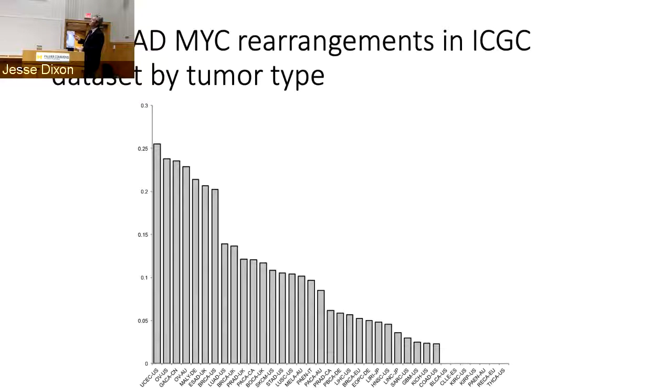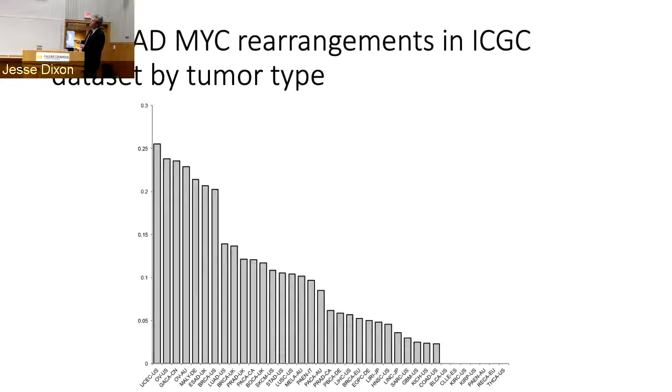We could see that these MYC inter-TAD rearrangements were occurring in a wide variety of different tumor types. MYC rearrangements, in terms of these regulatory fusion alterations, are very well known to occur in lymphoma samples. But we're seeing these in a wide variety of tumors.